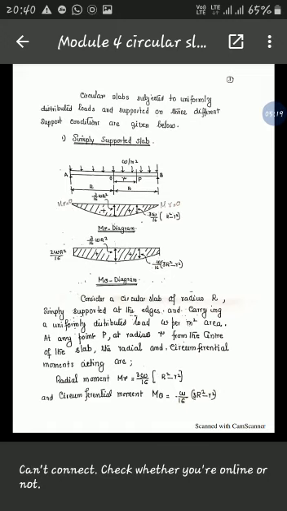The first one is the bending moment in the radial direction, and the second one is the bending moment in the circumferential direction. Therefore, we have two types of bending moment diagrams, that is the MR diagram as well as the M theta diagram. MR represents the radial moment diagram, and M theta represents the circumferential moment diagram.